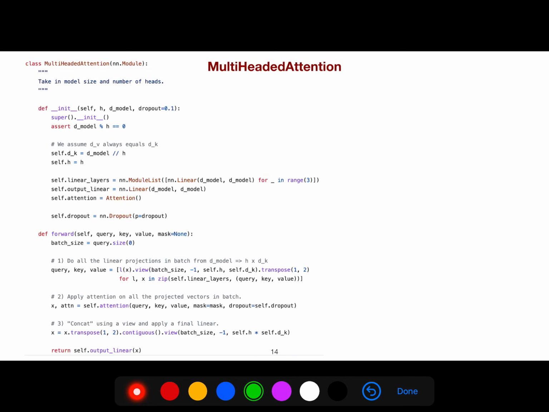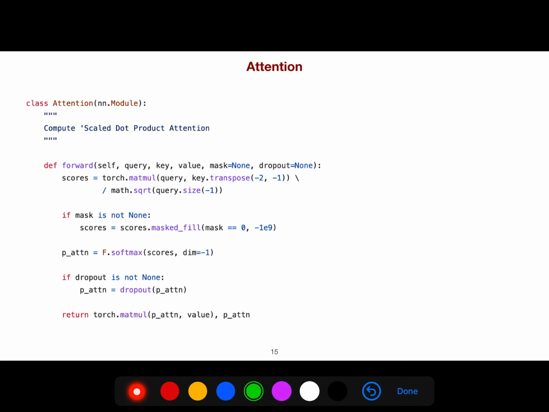So, what is multi-head attention? I will explain this attention here. The attention that we use is just a simple formula. The score is a matmul, which tells PyTorch that you should multiply two matrices: the query times the key transpose.